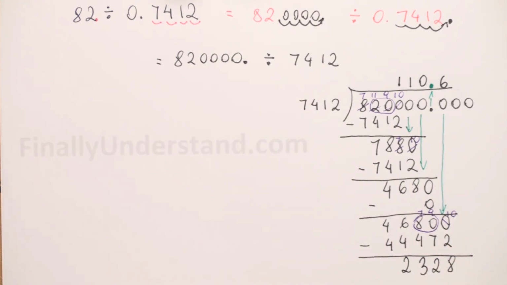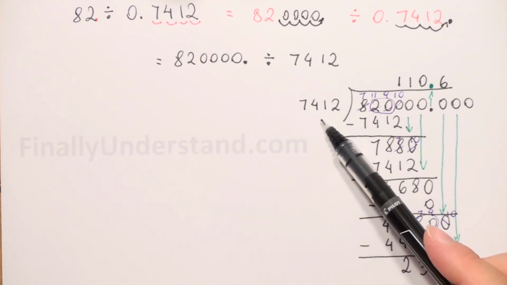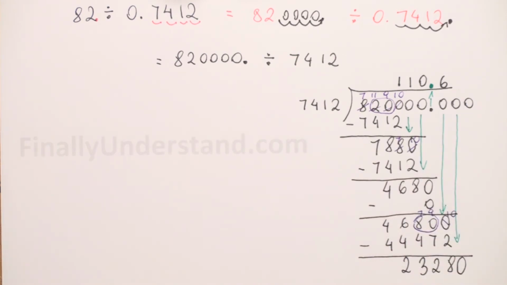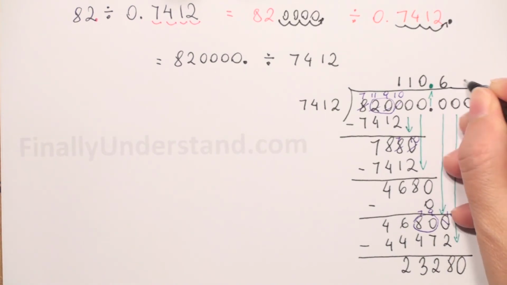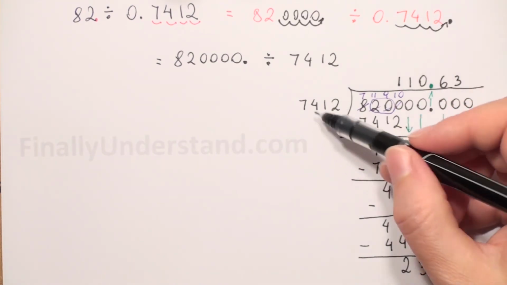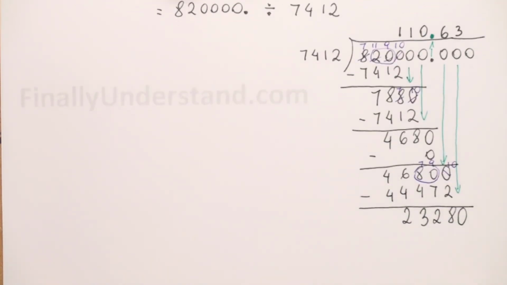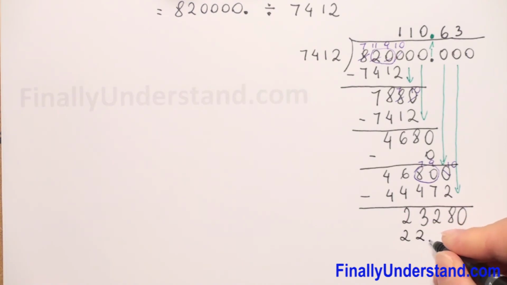Next we have to take down the next 0. So we have 23,280 divided by 7,412. It will be 3. So on the top we have to write 3, and now we do multiplication. 3 times 7,412 is equal to 22,236.